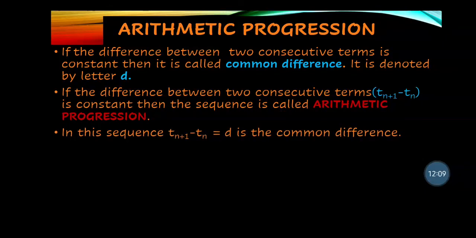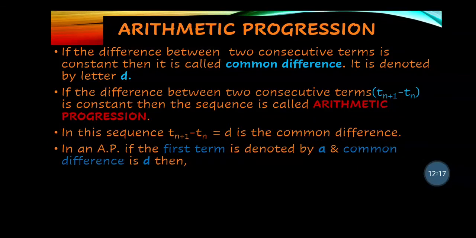In this sequence, Tn+1 minus Tn is d, the common difference, that is constant. In an arithmetic progression, if the first term is denoted by a and the common difference by d, then T1 equals a, T2 equals a plus d, T3 equals a plus 2d.